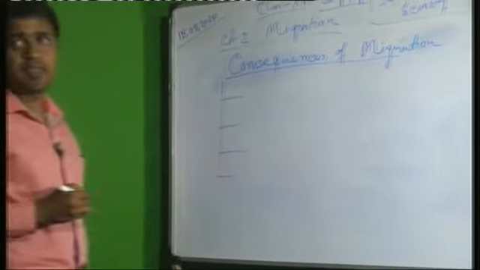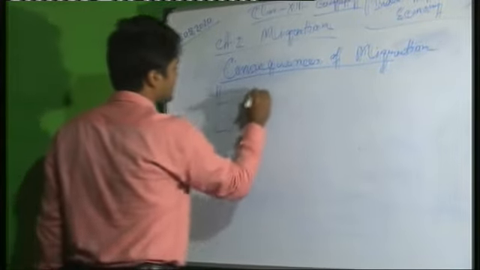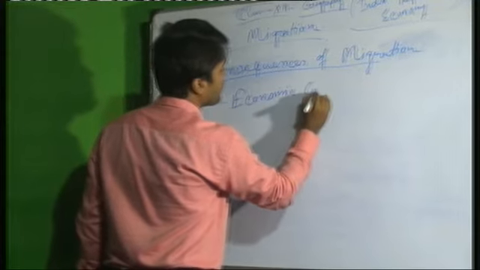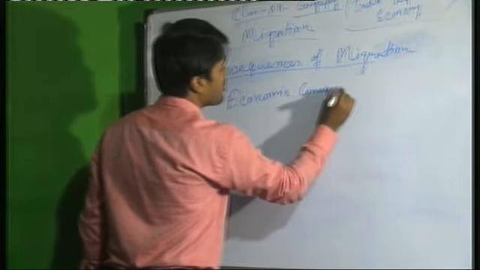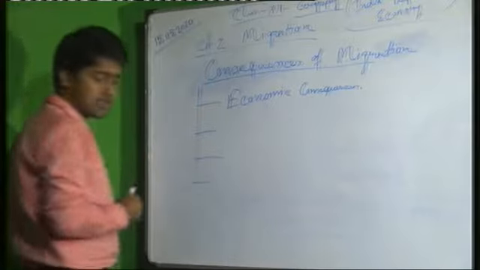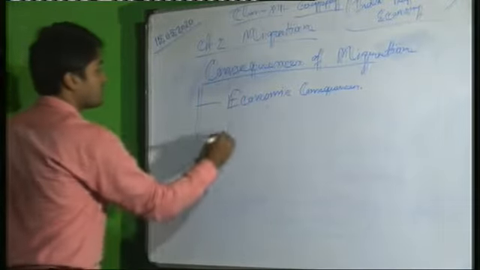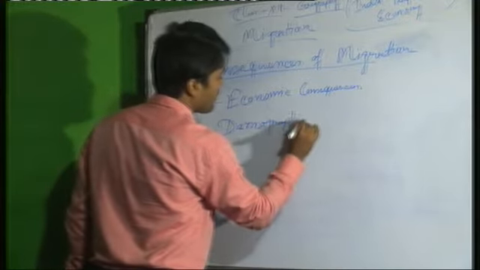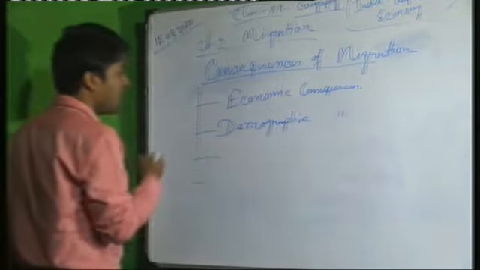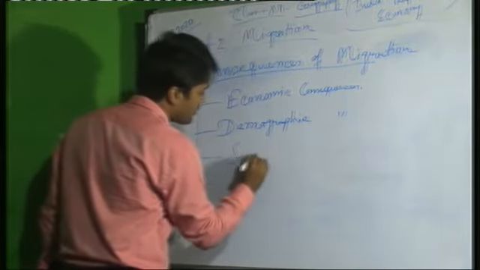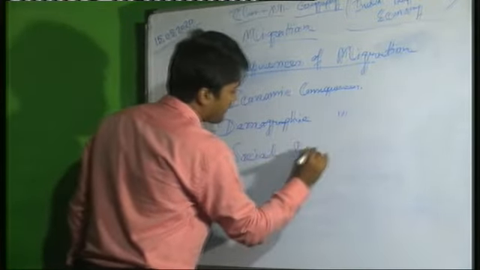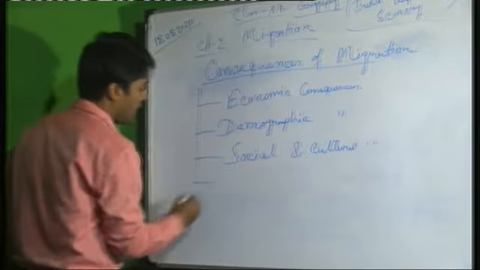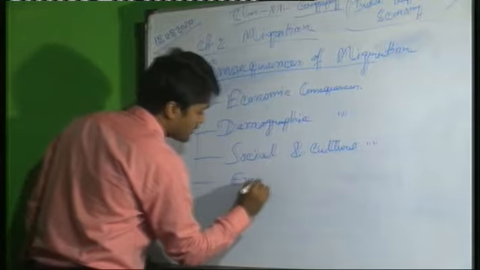Now we will discuss. The first one is the economic consequences, then demographic consequences, after that social and cultural consequences, and environmental consequences.